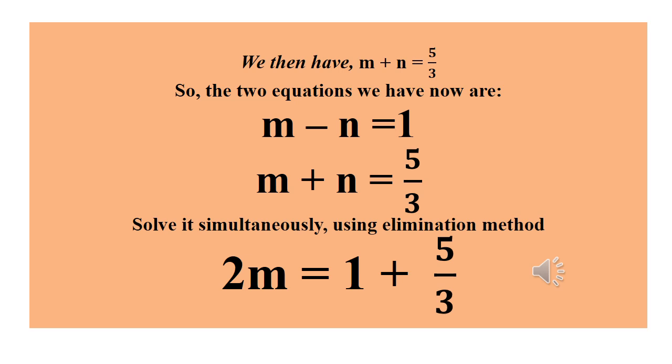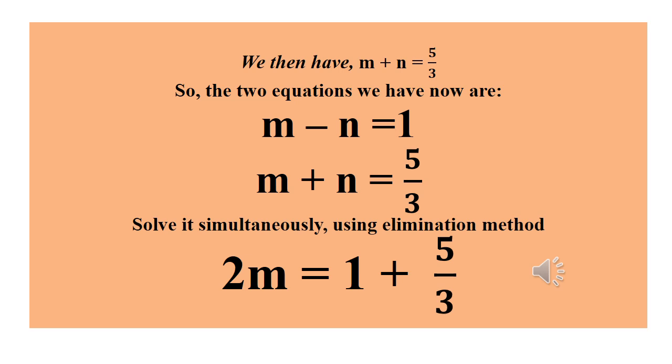So we will solve this simultaneously using the elimination method. We are going to eliminate n first. So eliminating n, we have minus n and plus n. It means we are going to add all the variables together, since the signs are not the same there. If we add m plus m, we get 2m.